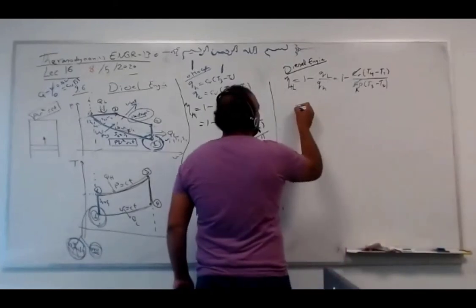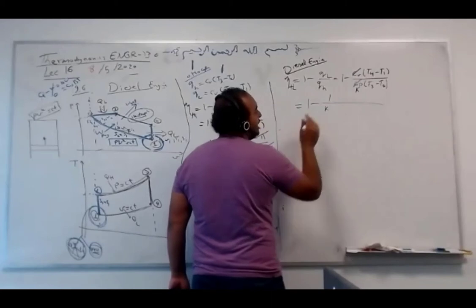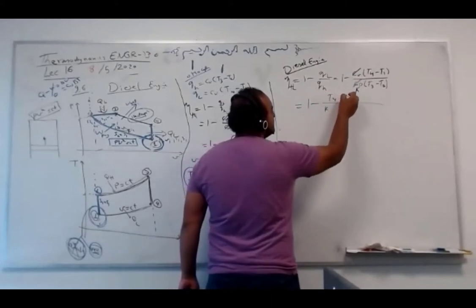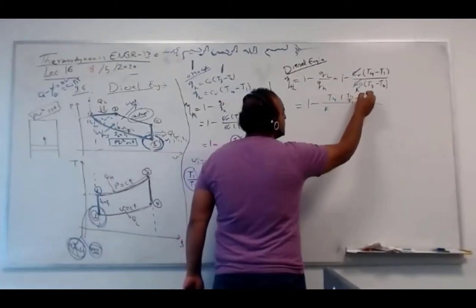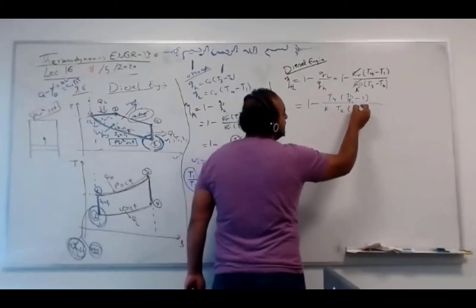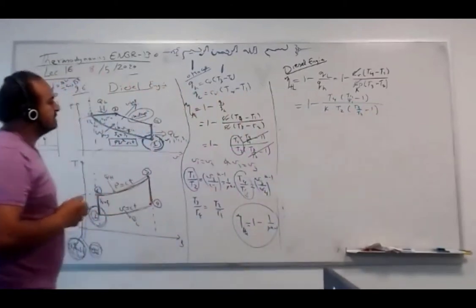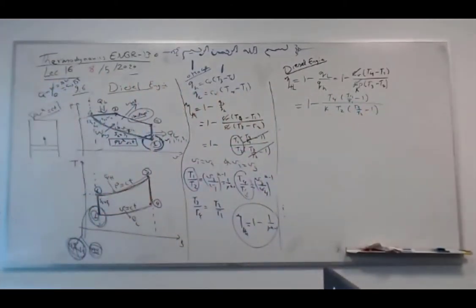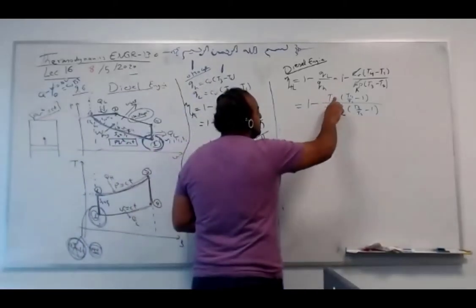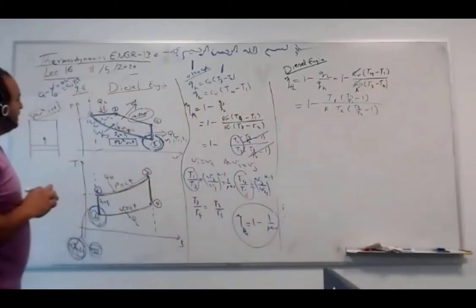So it's 1 minus 1 over k, and we have T4 over T1 minus 1, over T3 over T2 minus 1. Correct? Actually, I take T1 here, I'm sorry, and I take T2 here. Yes. Correct?